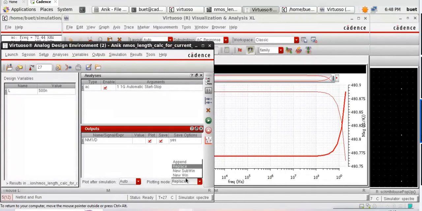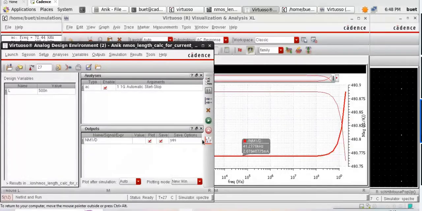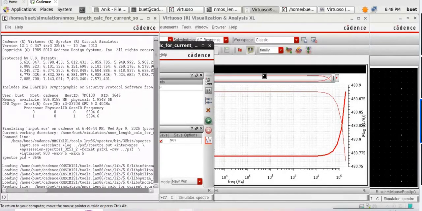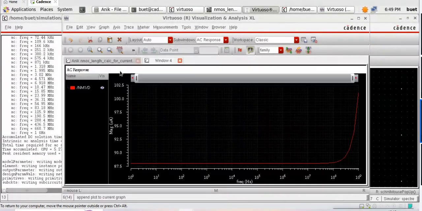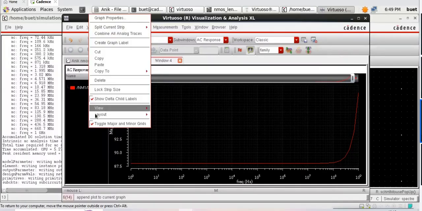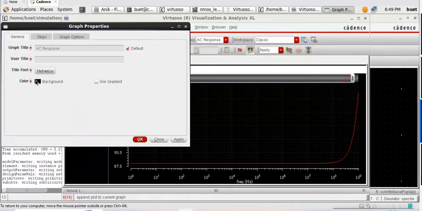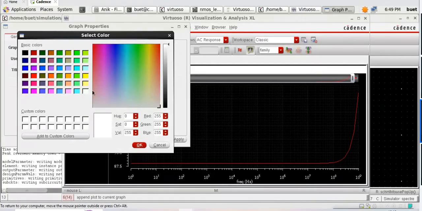Here in the plotting mode, I'll change it to new window so that the previous graph will be retained and the new graph will be attached side to the existing graph. There you go. Again, I'll go to the properties of this graph and change its background to white.